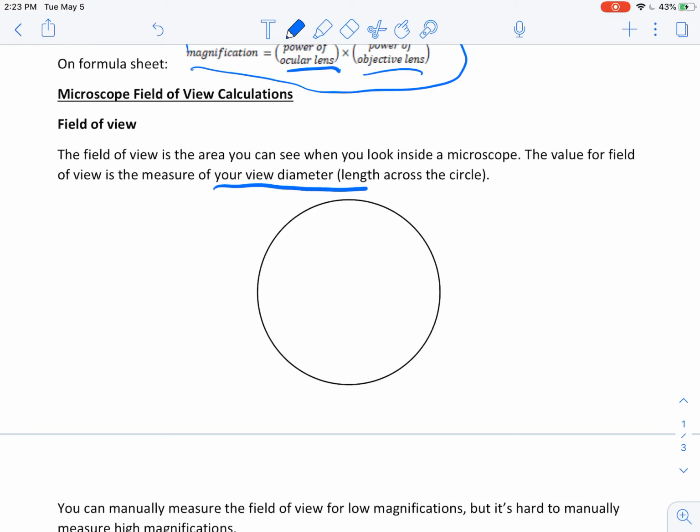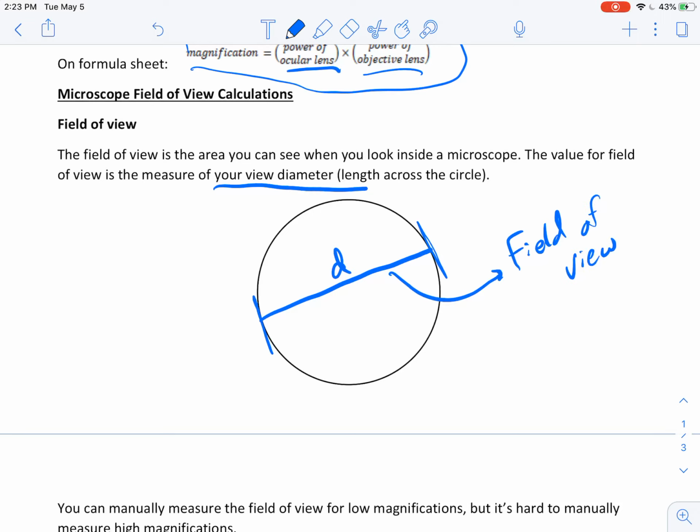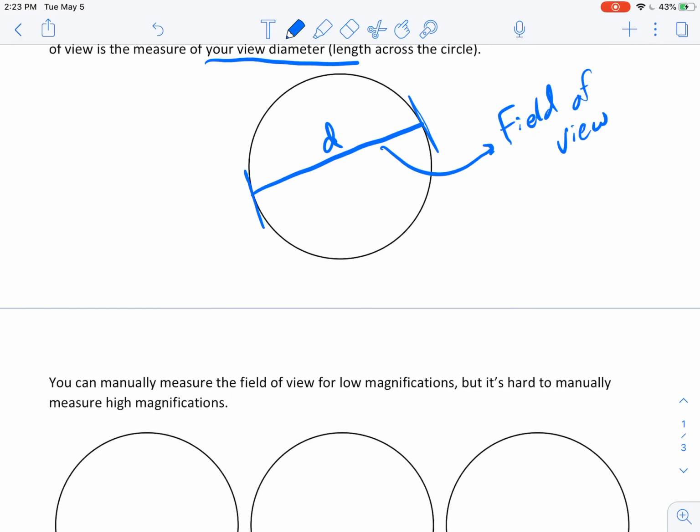Now, if you're not so fantastic with math, the diameter is the distance across the entire circle. That's your diameter. That's your field of view. That's just how much you can see. Usually it's measured in millimeters or even micrometers.